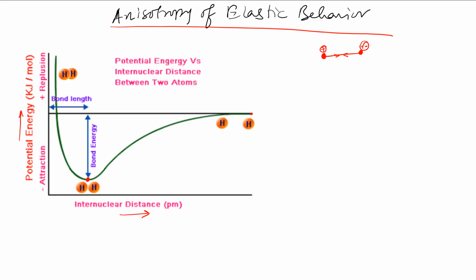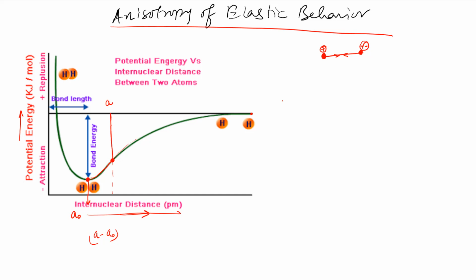Now this energy curve is defined in terms of the displacement. Suppose this is the equilibrium distance, a naught, and if you increase the distance between them by some value a, the difference will be a minus a naught, and at this distance the potential energy has changed.